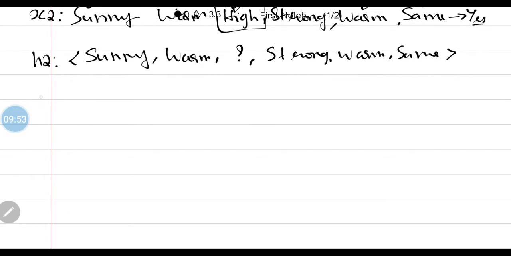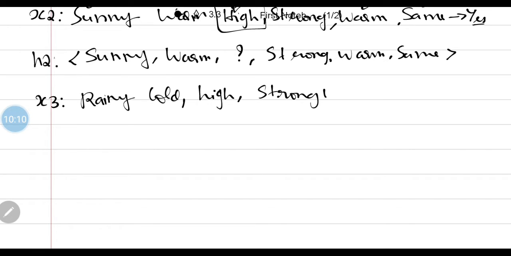Going to the third one, it is actually supposed to check the outcome, but I'll just write down what is there in the third one. So rainy, cold, high, strong, warm, change. The outcome is no. The algorithm checks the last column first.